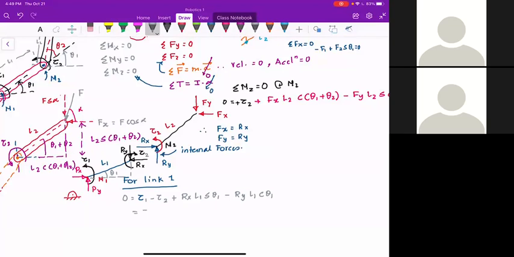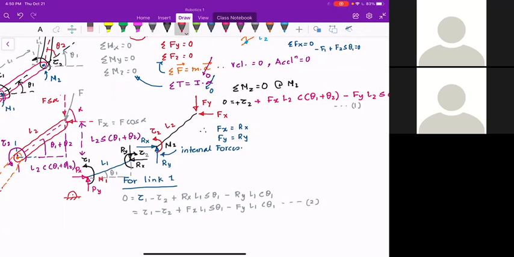But we know that Rx is equal to Fx and Ry is equal to Fy. So I can write this down as Fx L1 sine theta 1 minus Fy L1 cosine theta 1. This is equation number 2, and I'm going to say this is equation number 1.